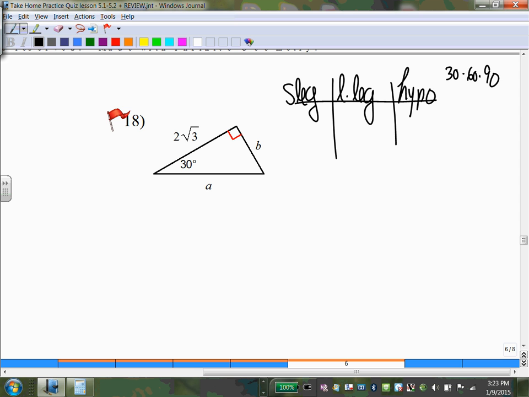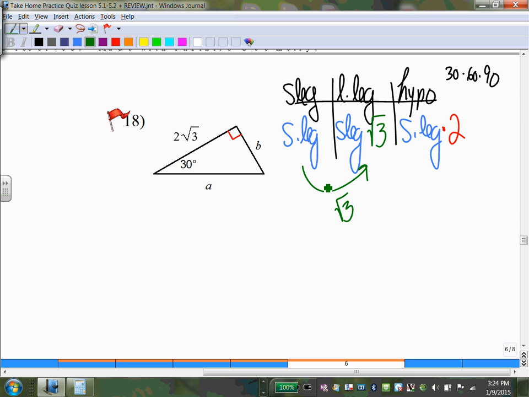So in class we did 30, 60, 90, short leg, root 3, short leg times 2. So those are your function boxes.